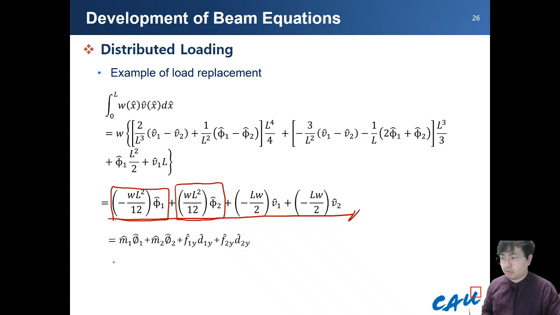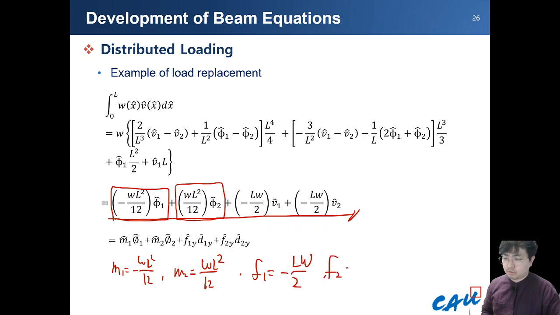So that means m1 must be equal to this, m2 equal to this one, f1 is equal to 2 over L times w, and f2 equal to this.